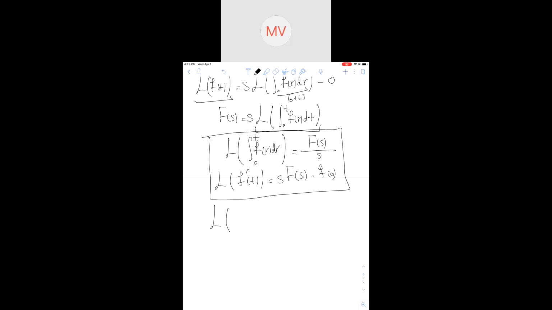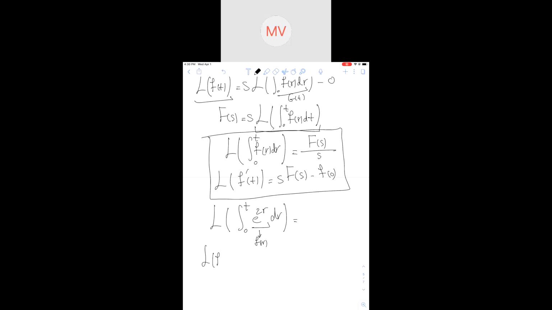Let's do an obvious case. Let's do the integration from 0 to t of e to the 2r dr. This is our function, that's our f of r, and we know what the Laplace of that is.